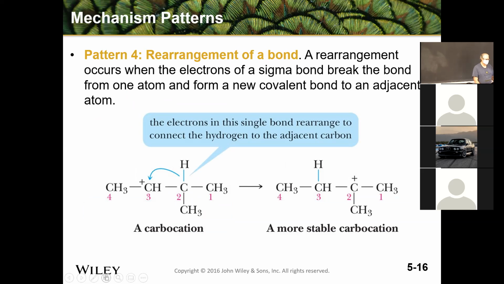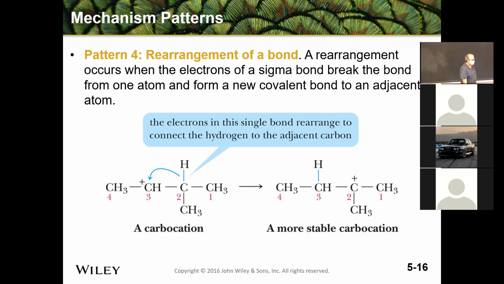The fourth common mechanism pattern is what we call rearrangement. In this instance, if we think of a model kit, we're going to pull that hydrogen out and move it to the empty spot next to it.